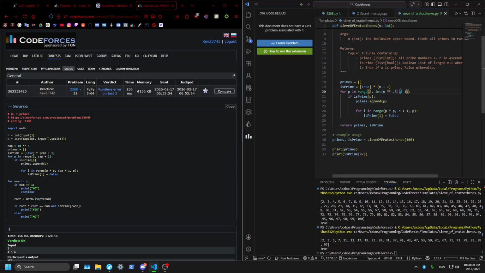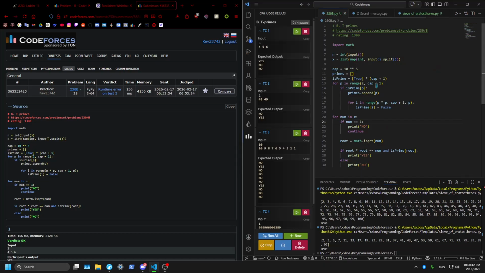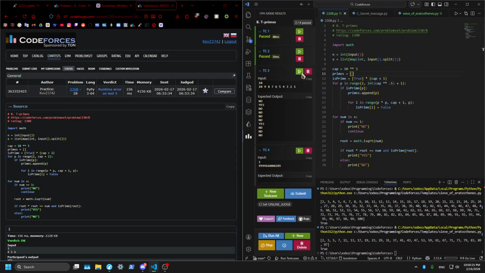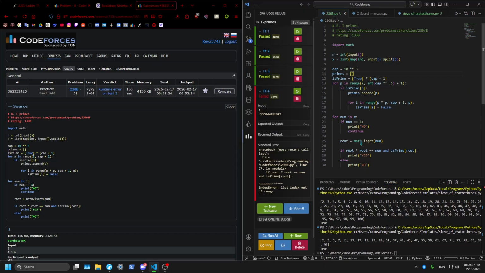This makes it faster a little bit. But it's index out of range. Still index out of range.